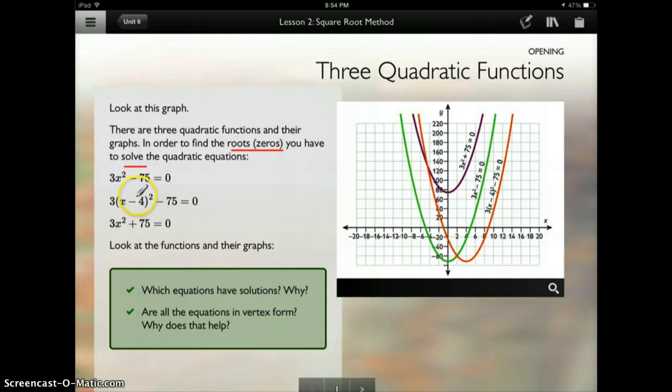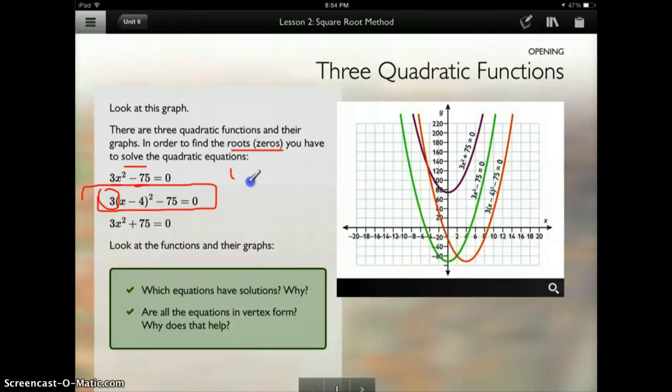Here is an example of solving. This looks very familiar. This right here is our vertex form. This 3 on the outside right here, they factored that from 3x squared and 75. Oh, sorry, these are 3 different equations.